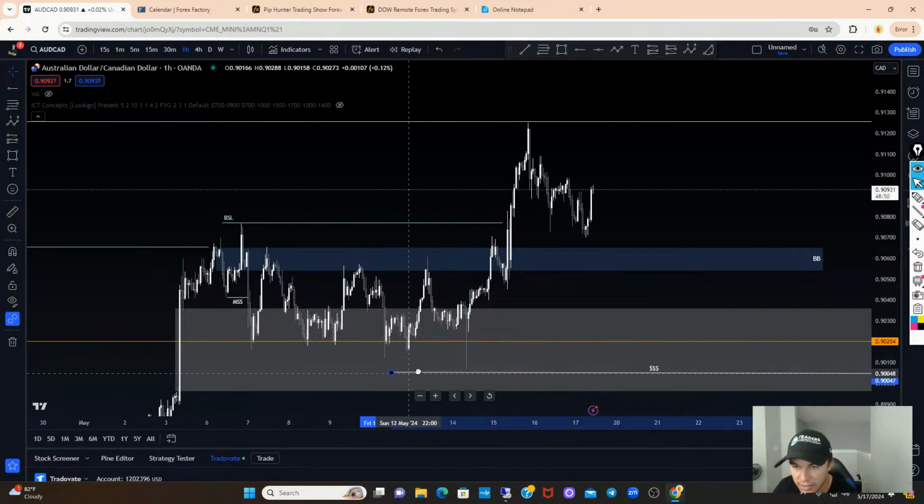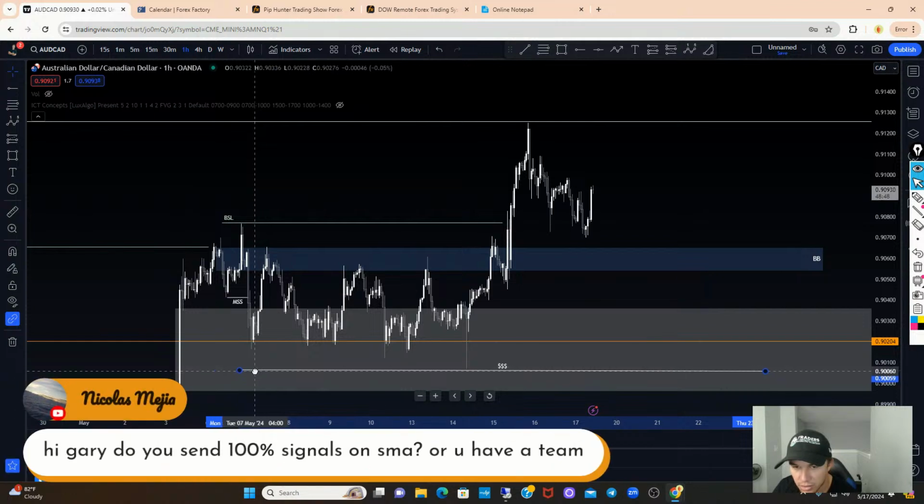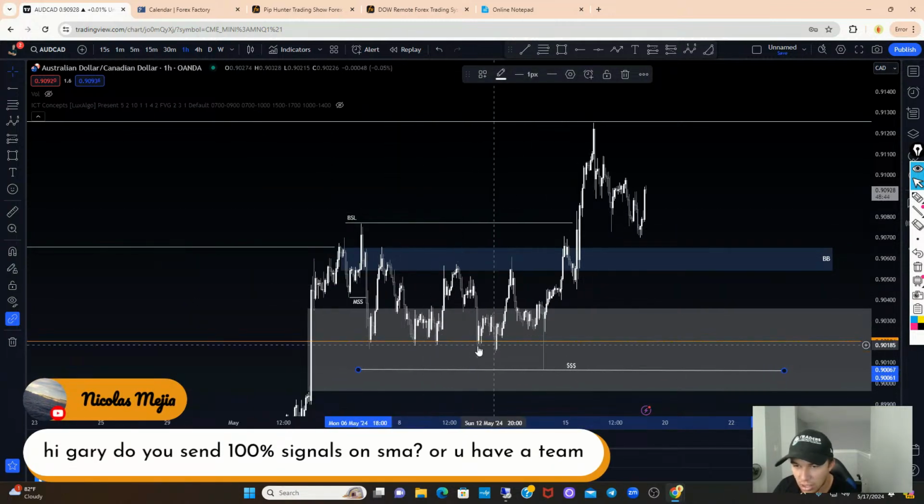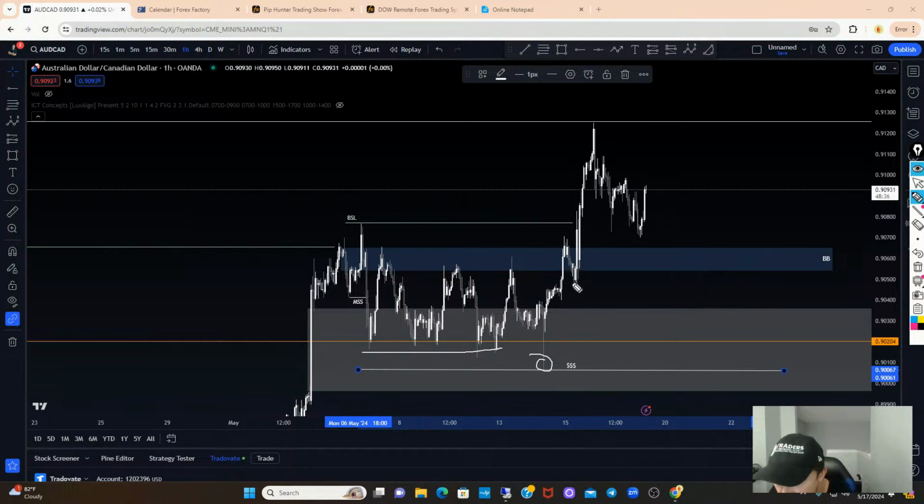This is a key area right here. I'm going to go from this low right here. See this candle wick? As you can see, all these lows, price has already taken these lows. So that was our manipulation. We didn't really get distribution here, sorry, not distribution, but displacement.